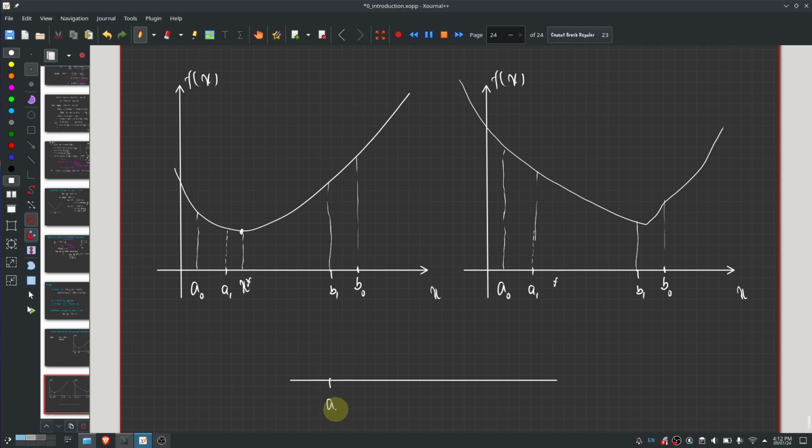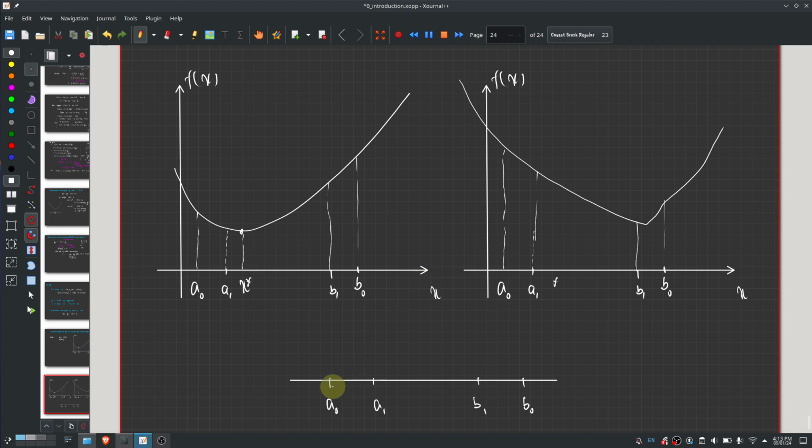So I have A0, B0, which is my original search space. I take 2 other points arbitrarily, A1, B1, and my goal is to find out in which of these intervals the minimum could possibly lie in. Or try to eliminate which of these intervals that the minimum could not lie in.